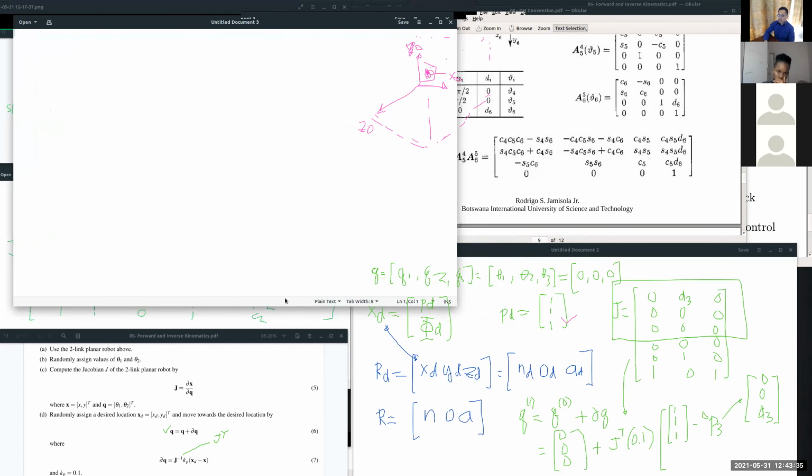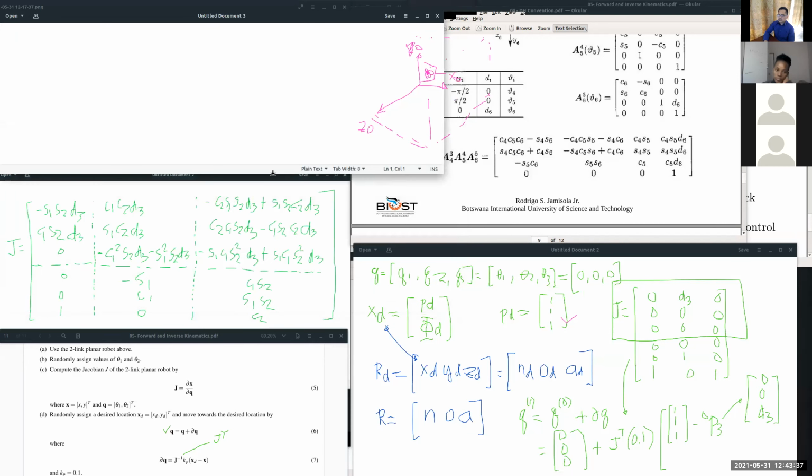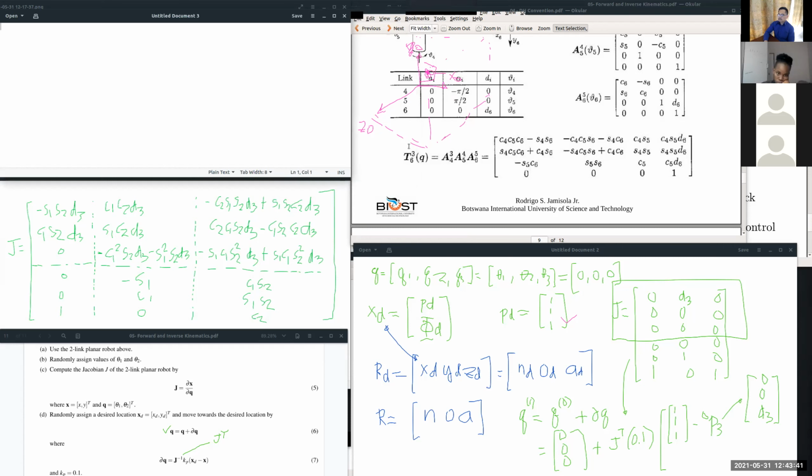Let me cover this part so that I can use it to write my things. So we continue from up here. Now, this is your Q. We want to compute what is the error in terms of the orientation.